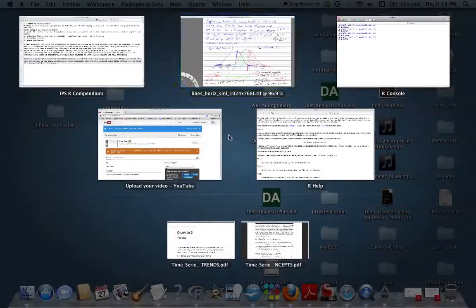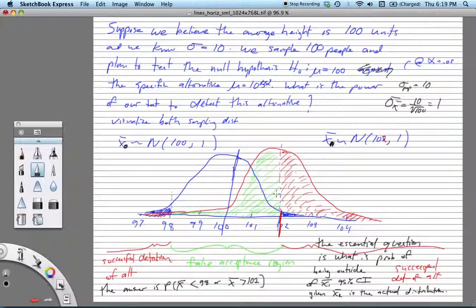Okay, so sorry about the really shoddy explanation there. Again, as I said, I'm working on trying to understand this myself, and certainly my notation for what was happening here wasn't very clean. But I hope that the overall concept here is clear: if you want to know the power of your test to detect an alternative, you can simply sketch the distributions under your null hypothesis and under your alternative hypothesis.